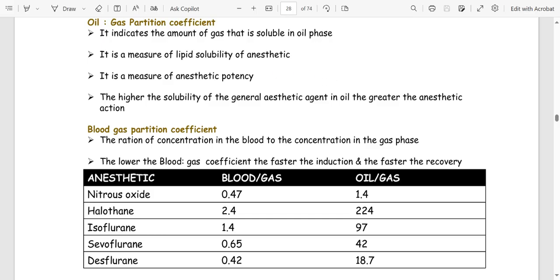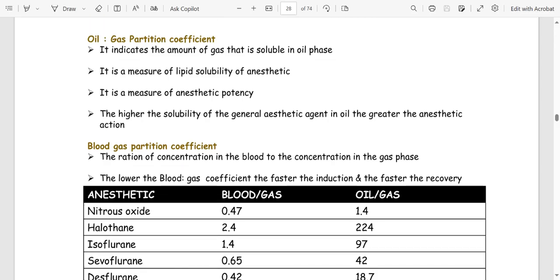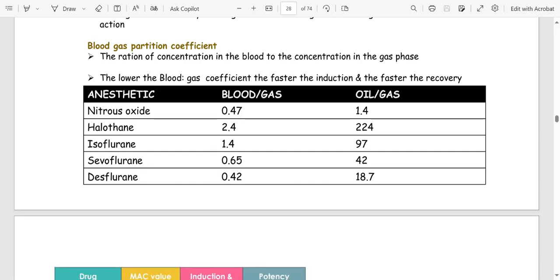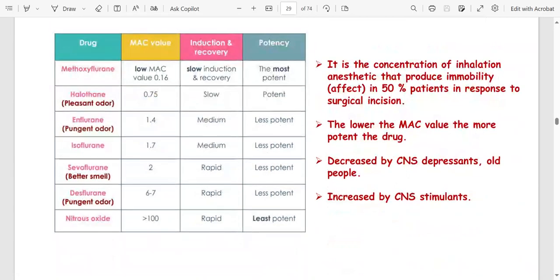It is a measure of lipid solubility of anesthetics, and so it measures the potency of the drug, while the blood gas partitioning coefficient is the ratio of the concentration in the blood to the concentration in the gas. Don't worry much about it, but just take note that the oil gas partitioning coefficient tells you about the potency, not that you should master anything or worry much about that.